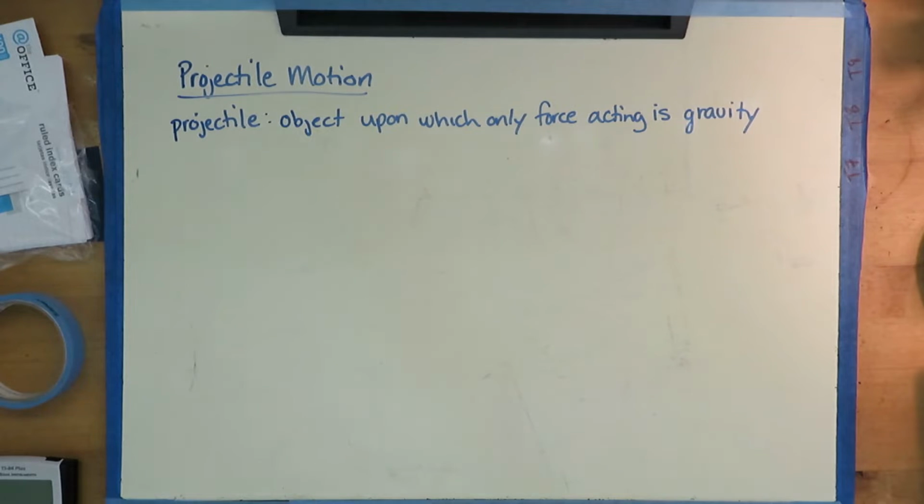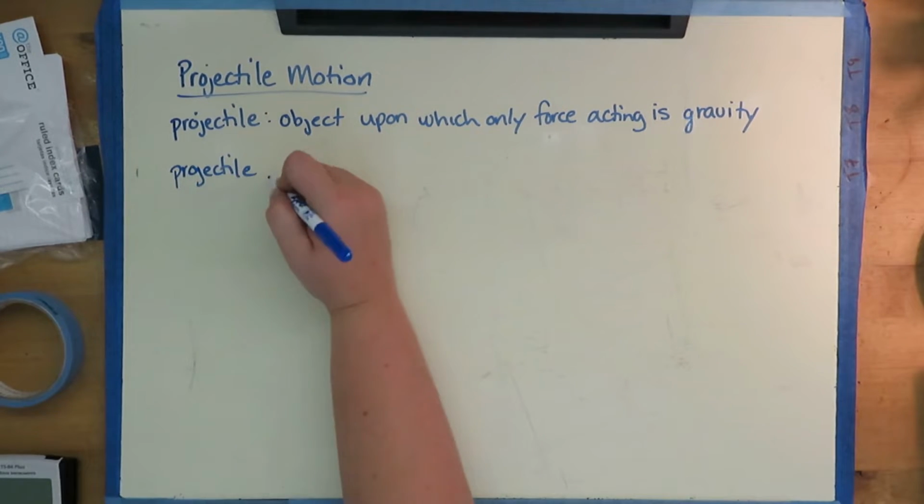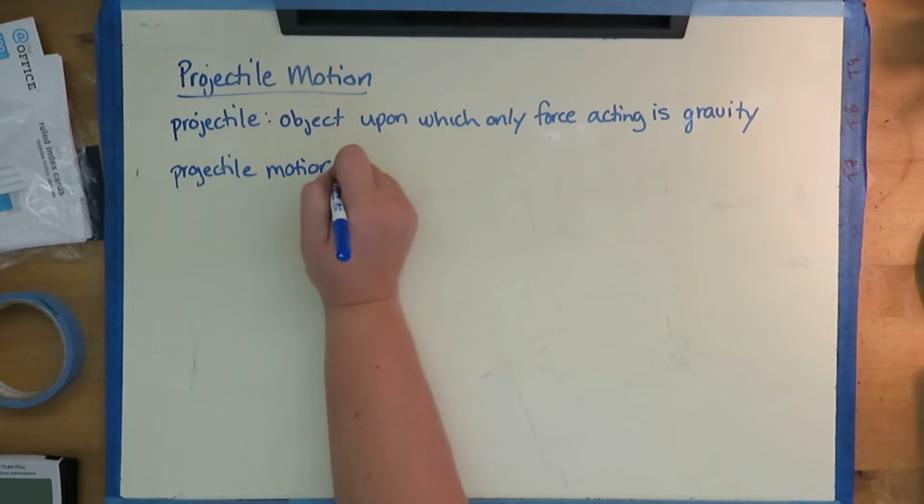But we tend to represent projectile motion as the most general type of motion, which means that we have not just 1D motion, but 2D motion. So our projectile motion means that we project the object.